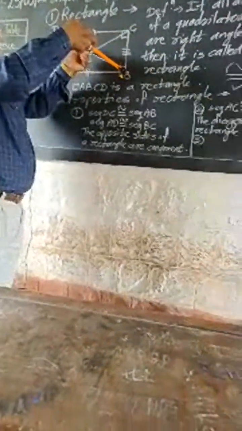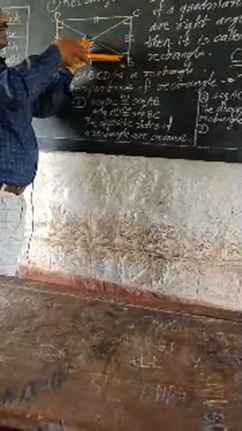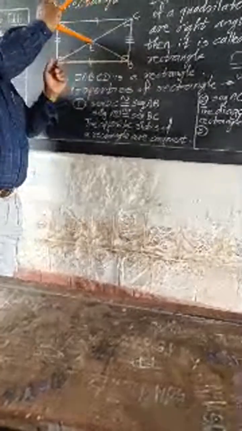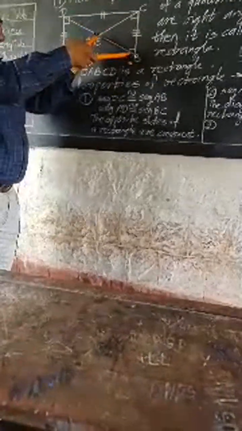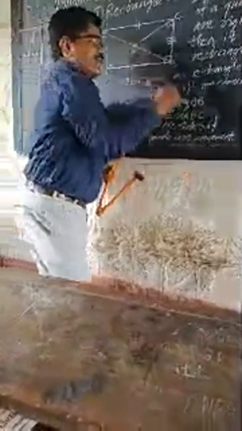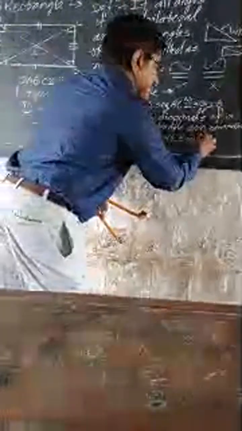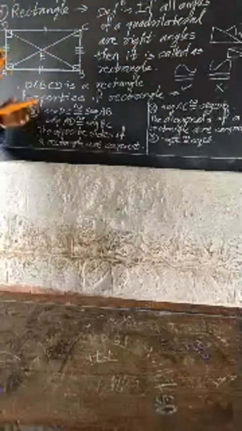Here the first part is DE and the second part is EB. First part DE is congruent with segment EB. Correct. Segment DE and segment EB are congruent.